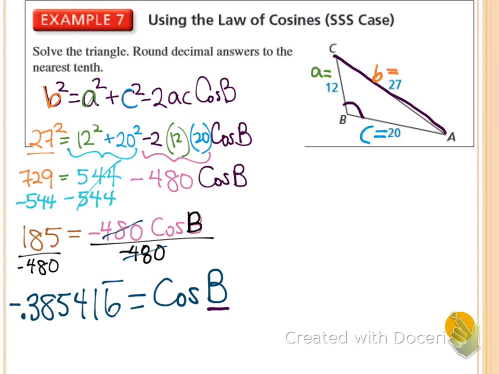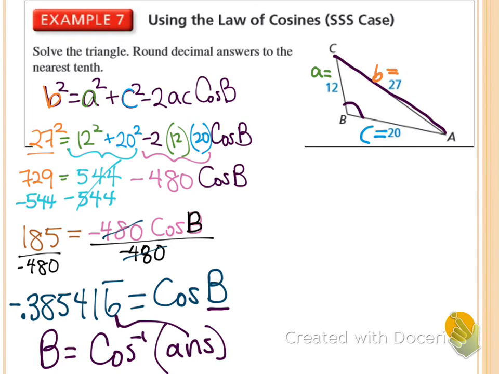To get rid of that, you're going to use the inverse of cosine of your previous answer, which is that ugly decimal. So shift cosine of your previous answer, and we get 112.7 degrees.